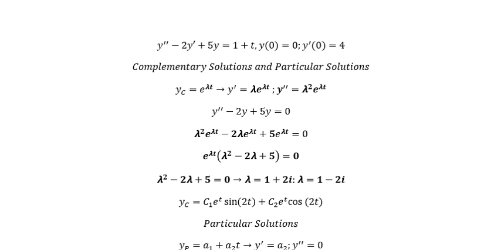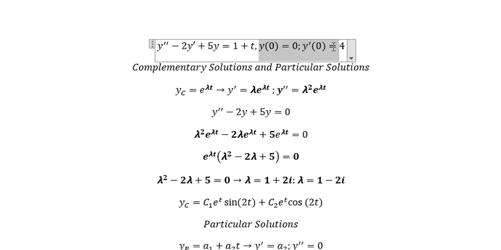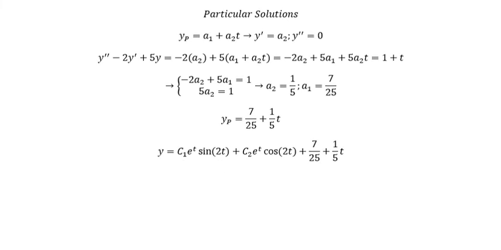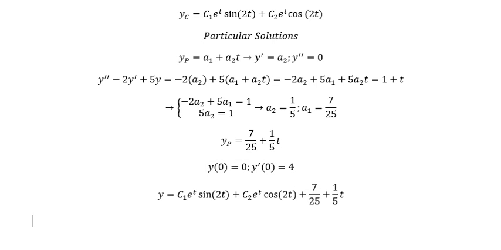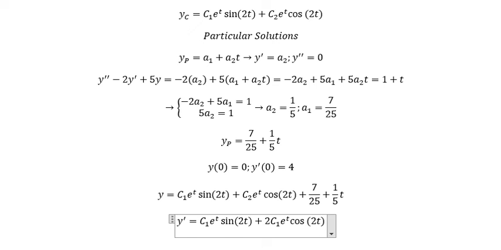Now, because we have the conditions in here, we need to find c1 and c2. If we do first derivative, you will go about this one. First derivative of sine 2t, you got about 2 cosine 2t. We do first derivative of this one.